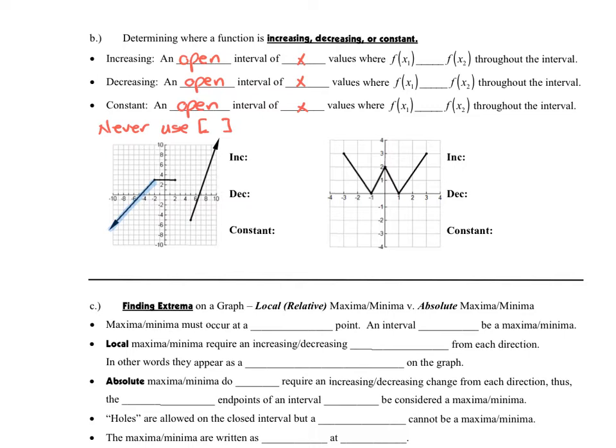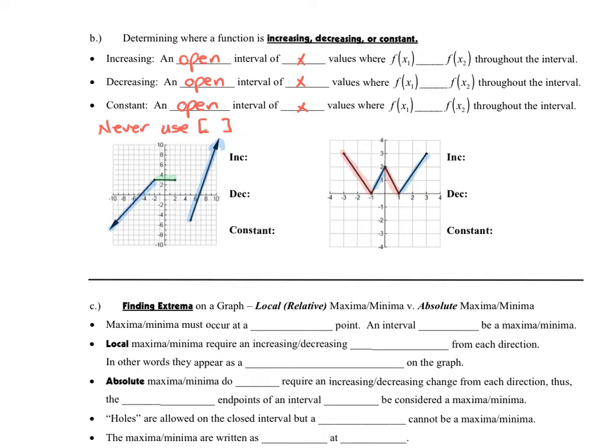Then it switches and it's constant, it stays flat, and then it is up again. When I look at my next graph, tracing from left to right, I notice that I'm going down, then I switch to going up, then back to down, and then back up again.